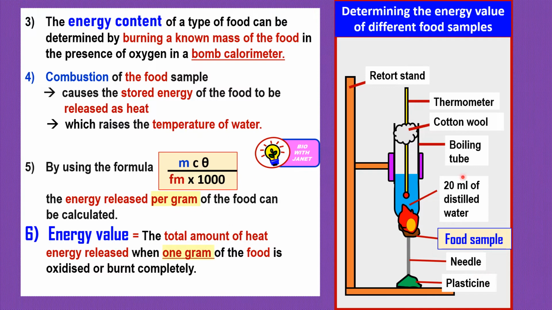So here is a diagram that shows you the experiment that will be carried out to determine the energy value of food. Okay, so this is done in the lab, and this is actually quite a simple experiment, and usually in the research lab they will use a more sophisticated apparatus called the bomb calorimeter. So let's find out more about the bomb calorimeter.